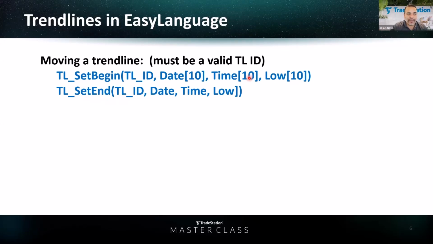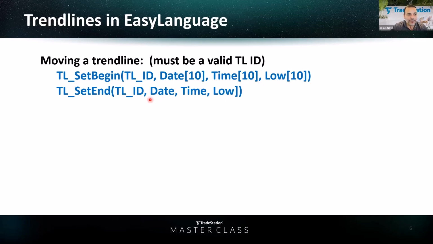And in parentheses, what you're providing, the reserved word is the TL ID. So you do have to supply what the ID of the trend line is, if it's number one, number zero, because it has to know which trend line it is making the changes to. And for the begin, of course, you need a new date, a new time, and a new low if you're going to change it.